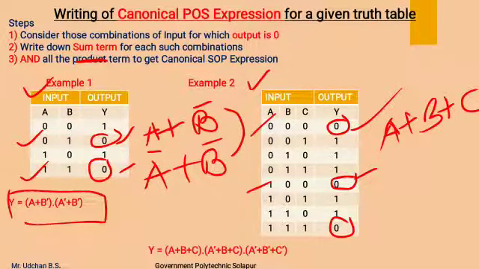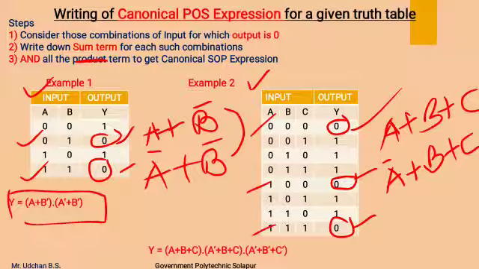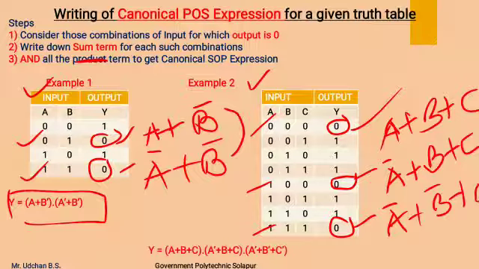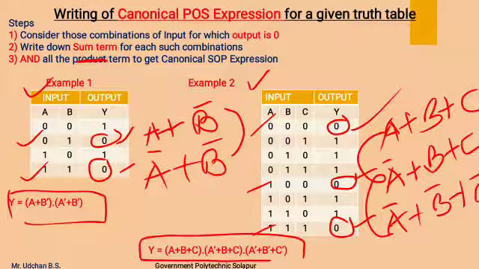For this I will get the sum term as A bar plus B plus C. And for this last 0, the input combination is 1 1 1. So the sum term will be A bar plus B bar plus C bar. Again, by ANDing all these three sum terms, I will get the canonical POS expression.